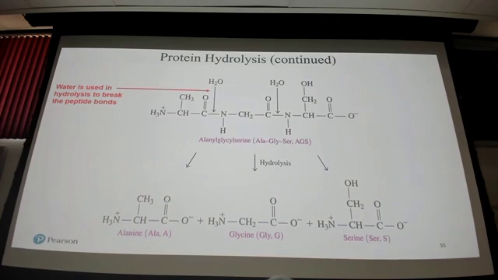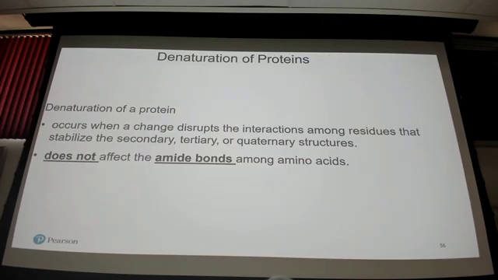Now denaturation is a little bit different. Denaturation disrupts the secondary, tertiary, and quaternary structures of proteins, and it renders the proteins inactive. They're no longer active if their three-dimensional structures are disrupted.